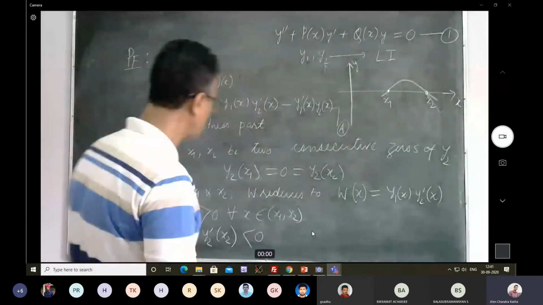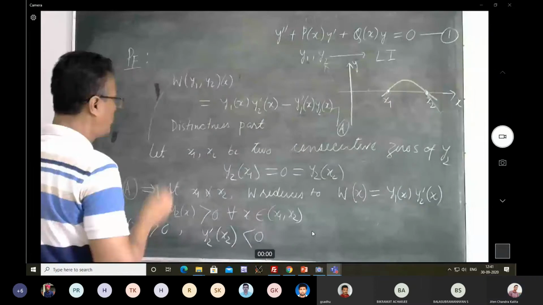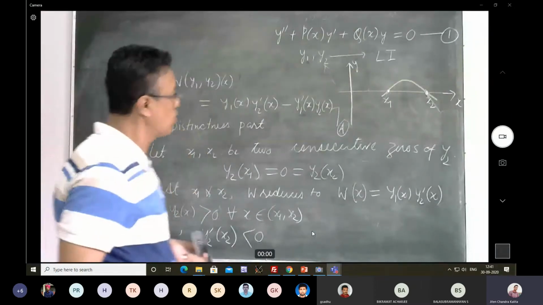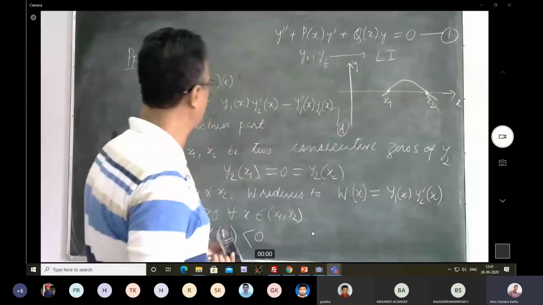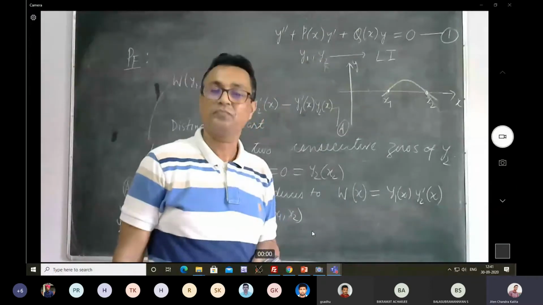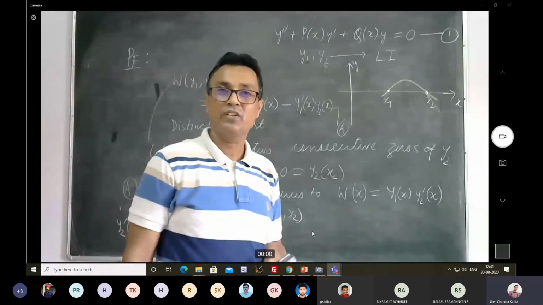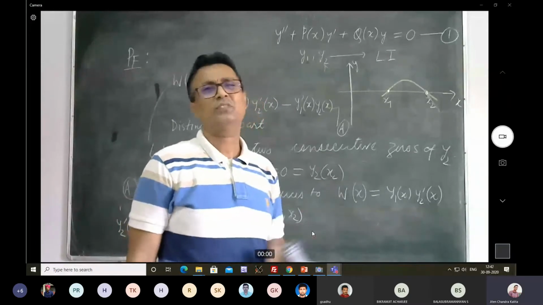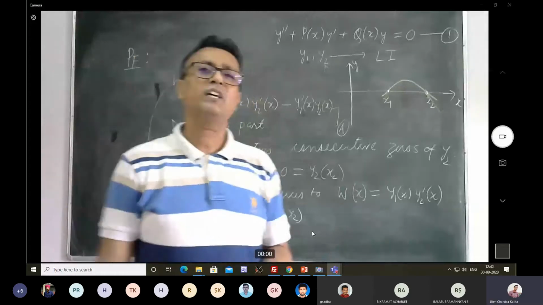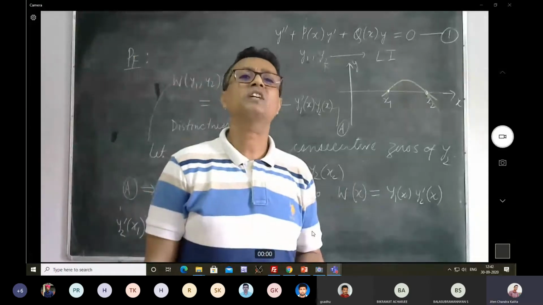Okay, fine. So now, we have already stated that the Wronskian cannot change sign in the interval of definition. So we can easily assume that the Wronskian is positive.